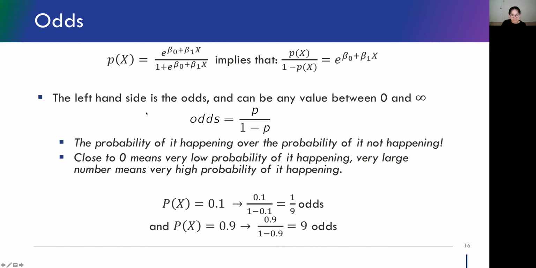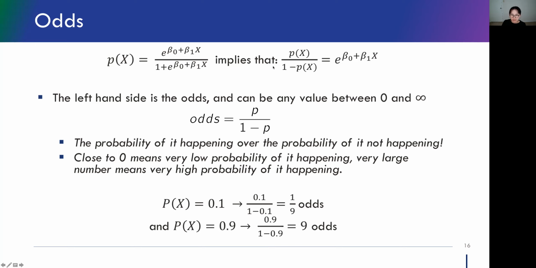Okay. And one important concept in logistic regression is called odds. You might have heard about this before, or very often heard about what are the odds of something happening. So this is our logistic function, and rearranging this, we can get p(x) over 1 minus p(x) is just equal to this exponential function.